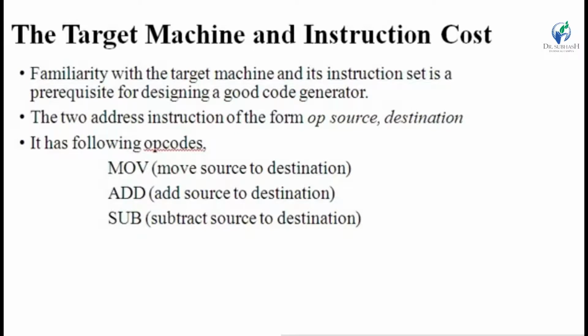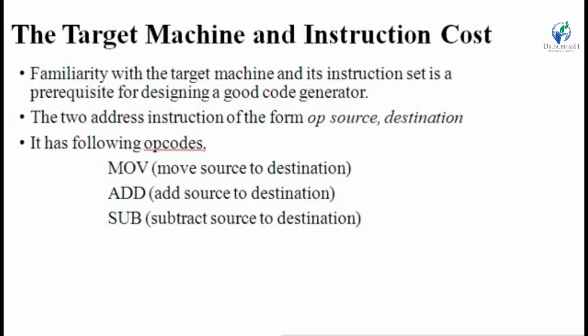So the underlying computer is a byte addressable machine with n general purpose registers, which are R0, R1, R2 up to Rn.